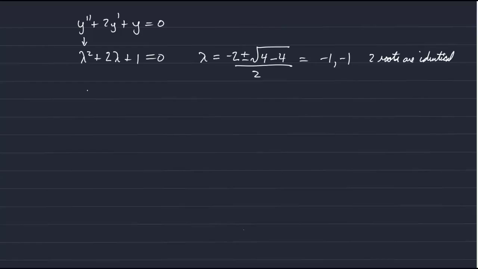So this implies that we have the solution y is equal to c1 e to the minus 1 times x. But remember, we had the theorem, way back, theorem 3.3.3, and that stated that for a second order ODE, there must be 2 linearly independent solutions, but we only have 1.